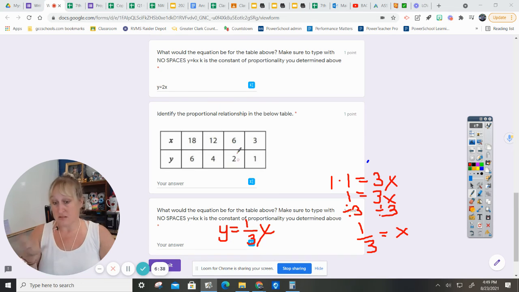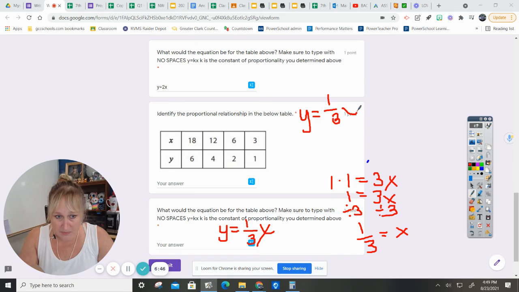Okay, so let's see if it works. If I do y equals 1/3 x, if I take 1/3 of 18, does it equal 6? Well, let's fill it in. 6 where I see the y. 1/3. Where I see the x, I'm going to put 18.